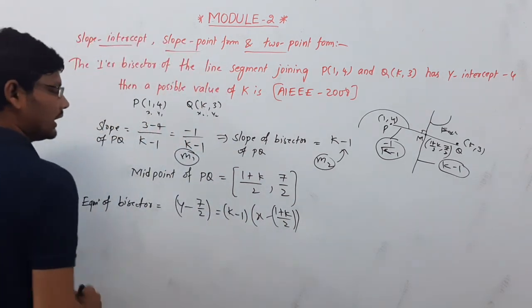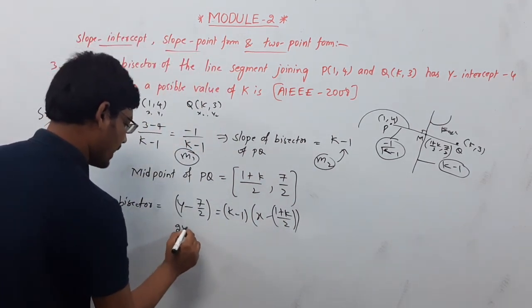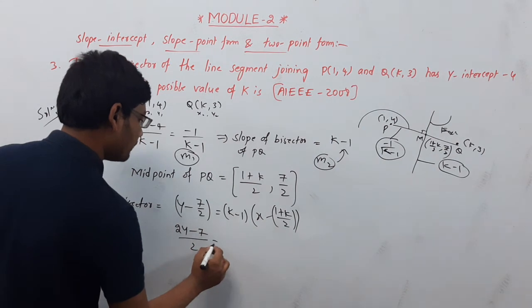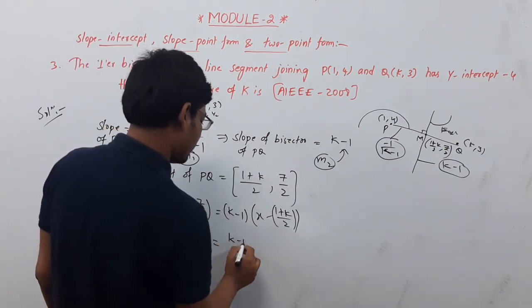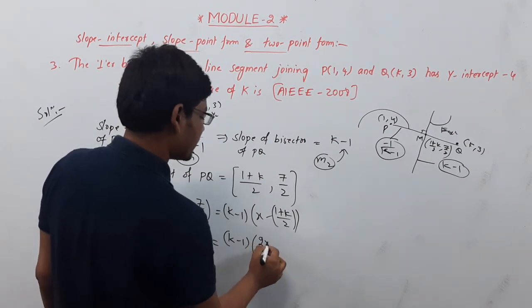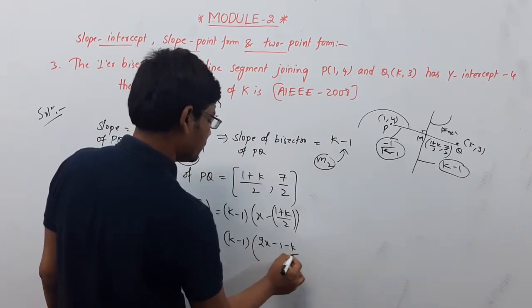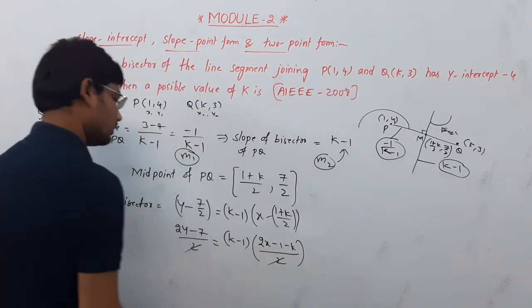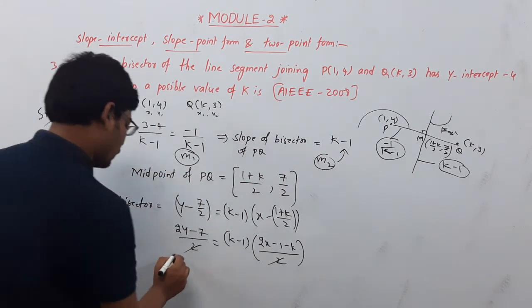Let's take the LCM: (2y minus 7) divided by 2 equals (k minus 1) into (2x minus 1 minus k) divided by 2. So these two 2s get cancelled.